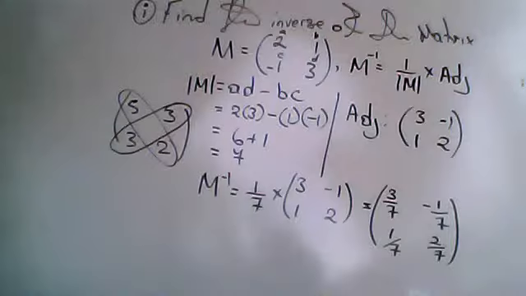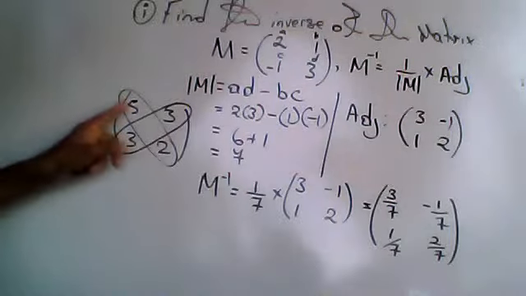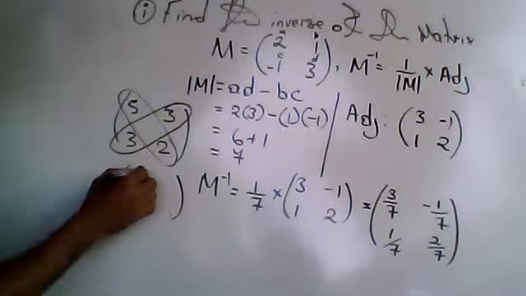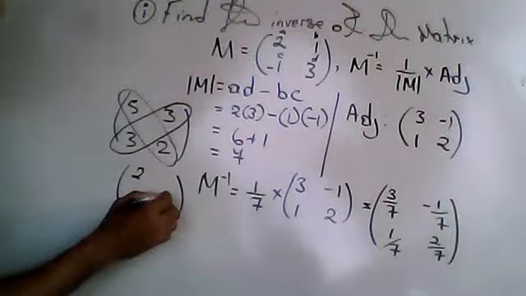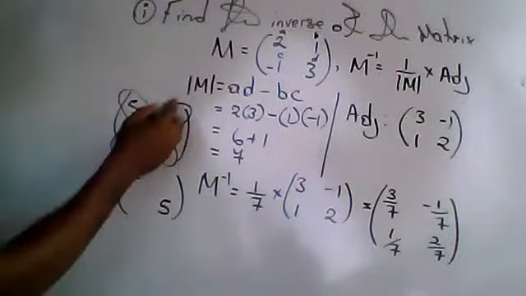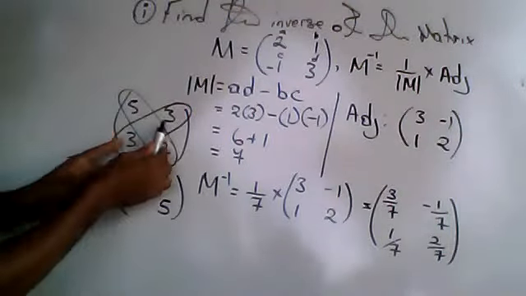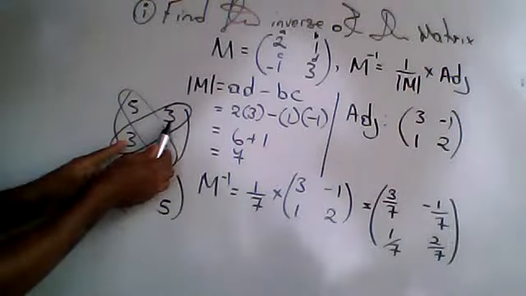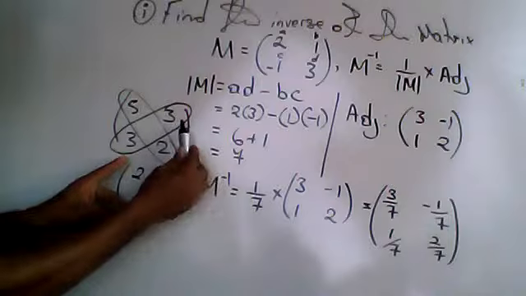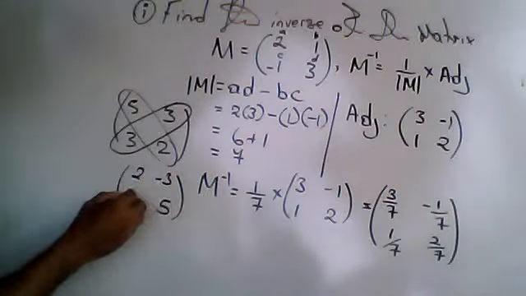So remember, for the leading diagonal, what I did was to switch the values. Switch, change place. So I'm going to put the 2 where the 5 was and the 5 where the 2 was. Now, for the non-leading diagonal, what I did was to change the signs on the numbers. Both of them are positive, so what I did was to change them to negative.